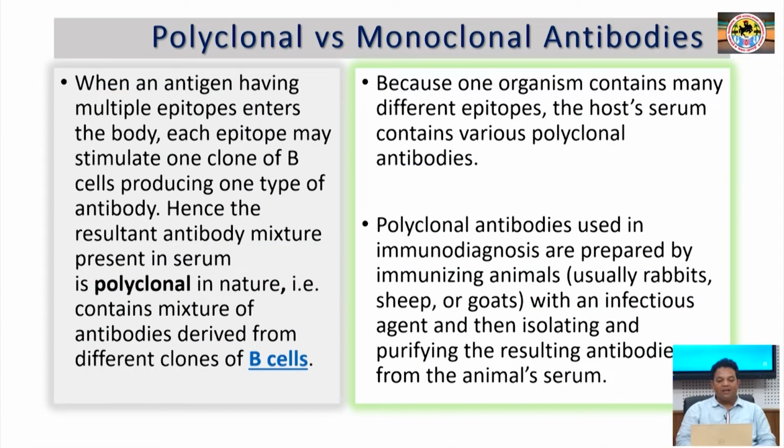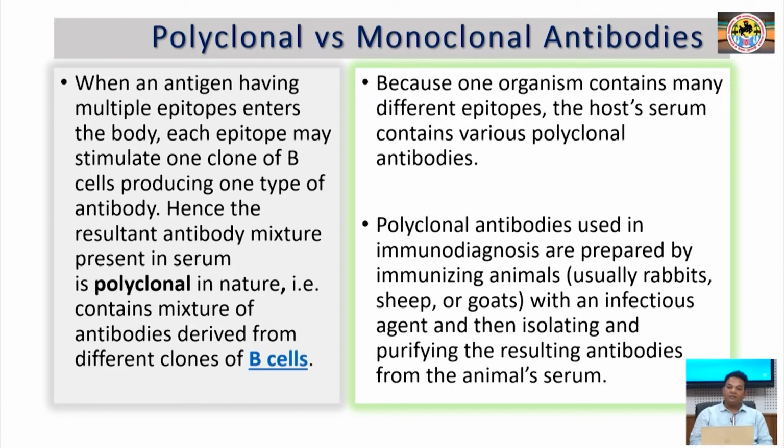When an antigen having multiple epitopes, as you have learned in basic immunology, how the antigen and antibody are produced. So, I am not discussing that one, we are just coming to the point that an antigen having multiple epitopes enters the body. Each epitope may stimulate one clone of B cells.